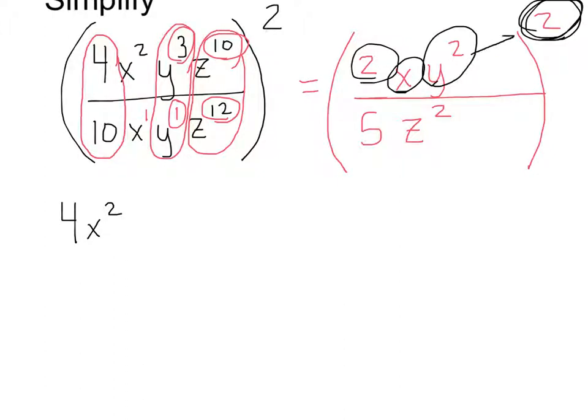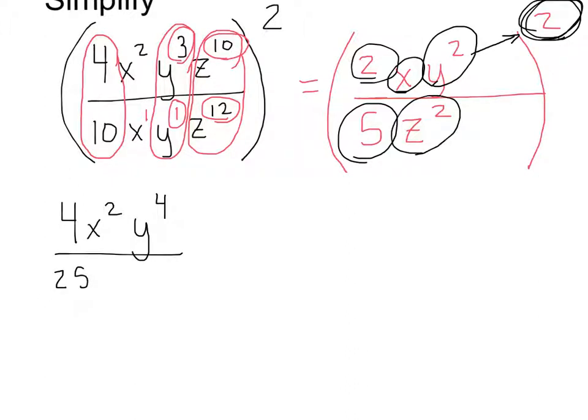This is a power to a power, so what do we do with the exponents? Multiply. When you have a power to a power, you multiply, so that'd be y to the 4th over 5 squared is 25, and z squared to the second power is z to the 4th. And so that'll be your final answer right there.